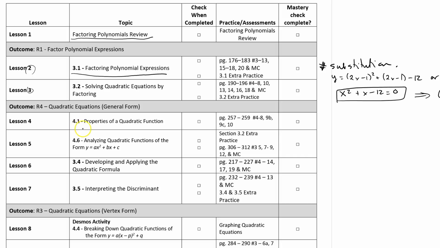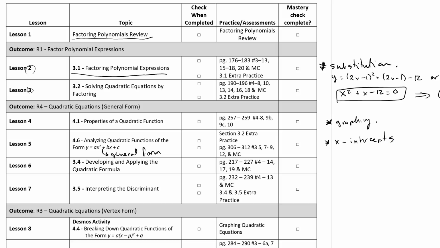Lesson 4, properties of the quadratic function. That was the graphing. And 4.6 continued in that graphing, only using the general form. Now remember what the general form is good for. The general form is very good for seeing the x-intercepts.